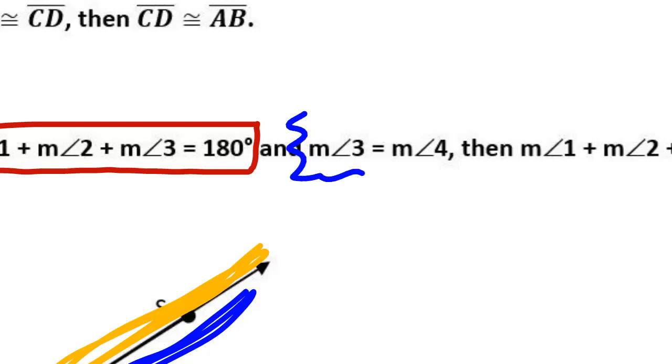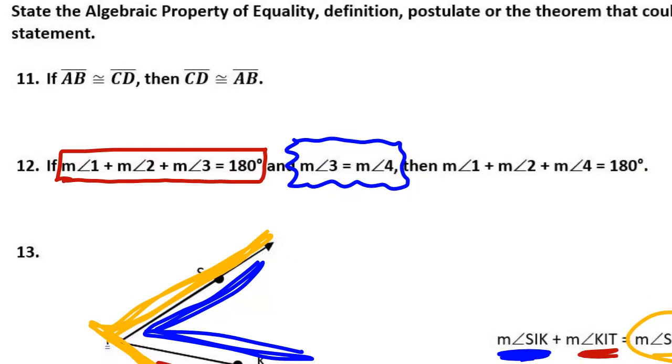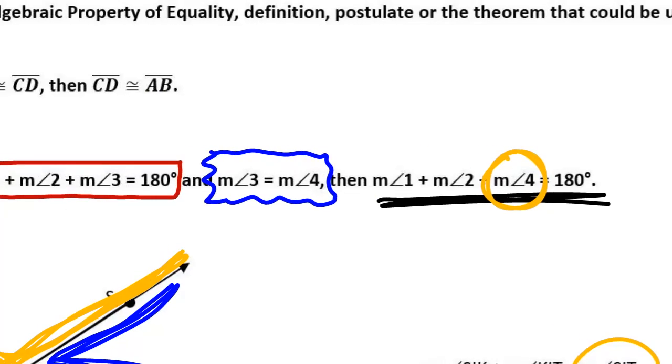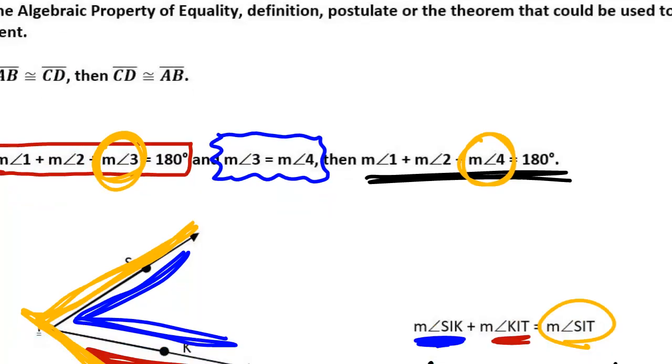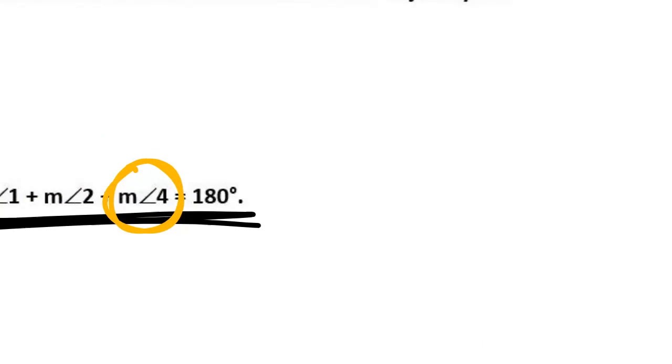And then they also tell me that angle 3 and angle 4 are the same size. So when I look over here, that looks just like my first equation, but instead of angle 3 that I had here first, now it's been replaced with angle 4. What are we using there? Substitution.